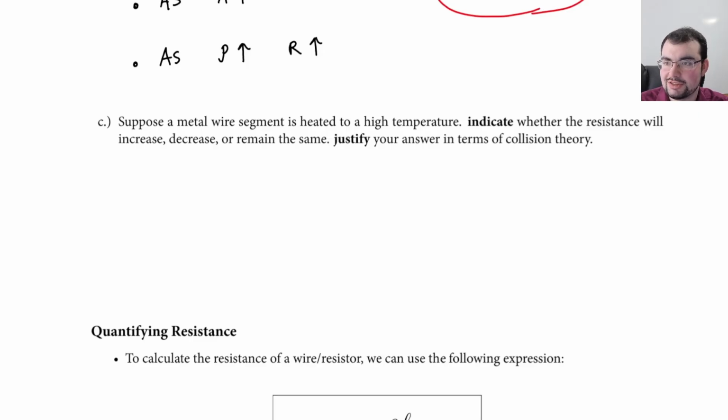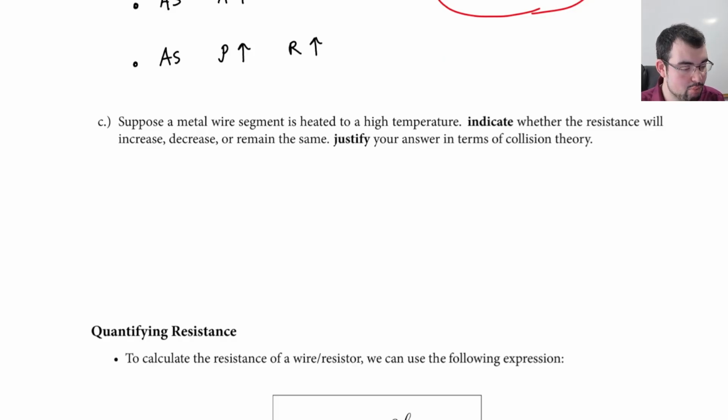Suppose a metal wire segment is heated to a high temperature. Indicate whether the resistance will increase, decrease, or remain the same. Justify your answer in terms of collision theory. So again, we said more frequent collisions means a higher resistance.